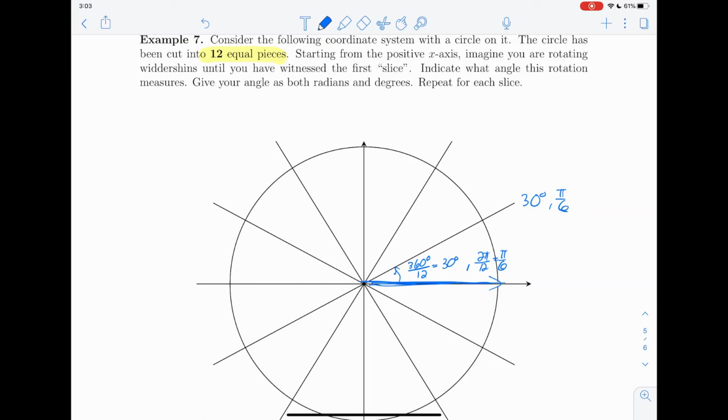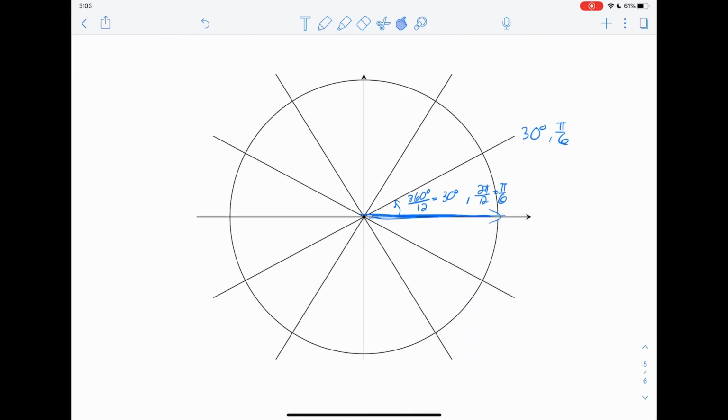And if you carry on in exactly the same fashion, what you'll end up finding is that if one pizza slice is 30 degrees, of course 2 pizza slices would be 60 degrees, 3 of them would be 90, then 120, 150, then 180, then 210, 240, 270, 300, 330, and then 360.